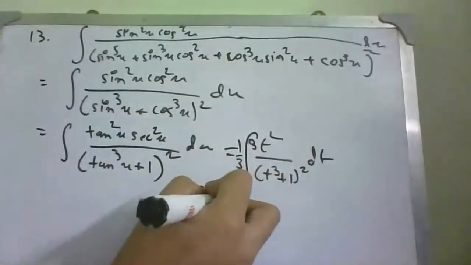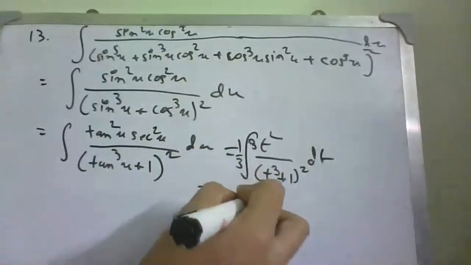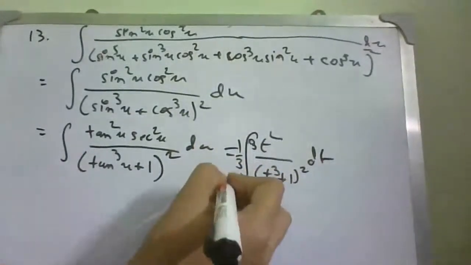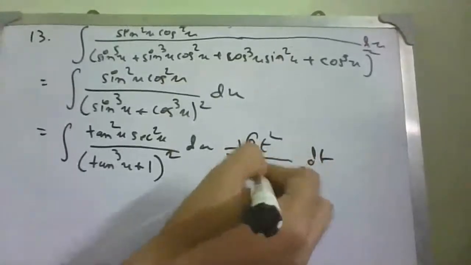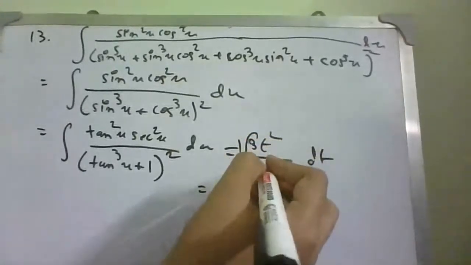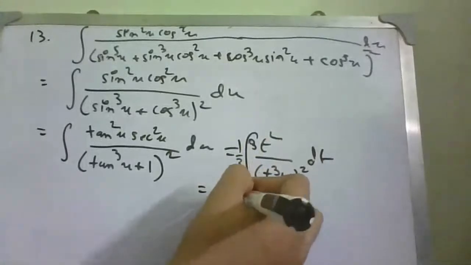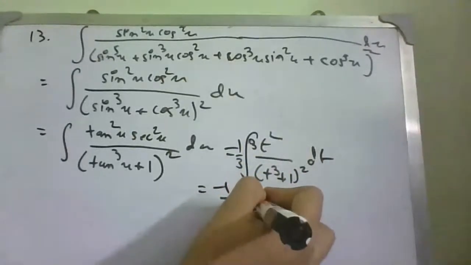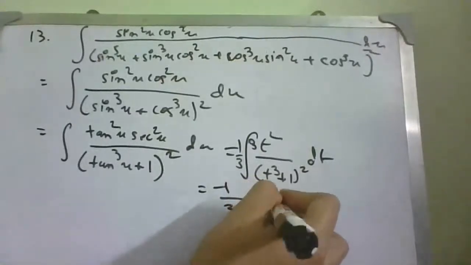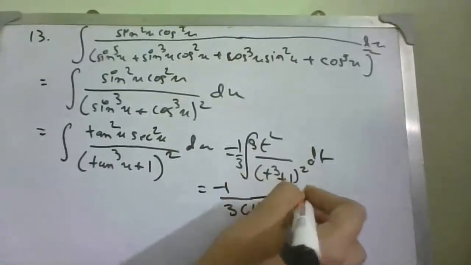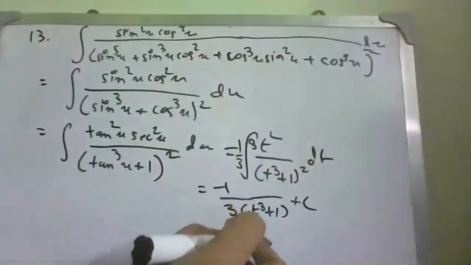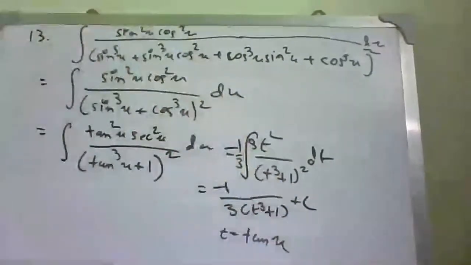So we will have nothing but 1 by 3, and if we assume this thing to be a particular term, then this entire term will become 1 minus over here, t cube plus 1. Now what is t? t is tan x.